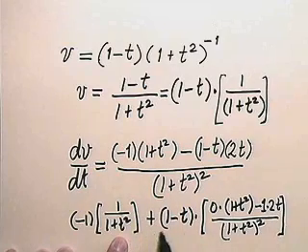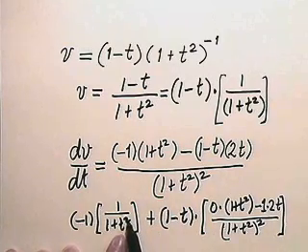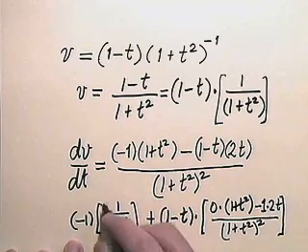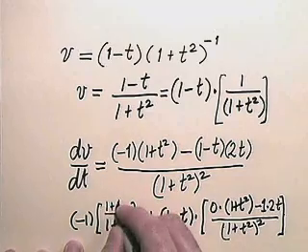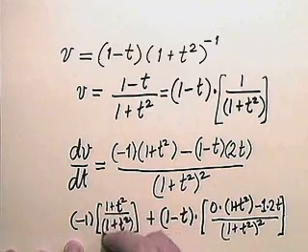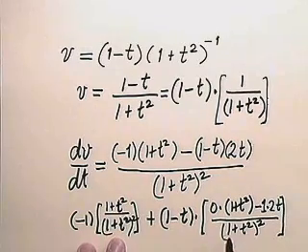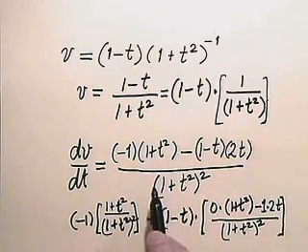But if I put the common denominator, 1 plus t squared quantity squared, I'd have to put another 1 plus t squared up in the numerator here. That is, if I change this to 1 plus t squared there, then I have to square it down there. And now you see I could combine these two terms and have the same result.